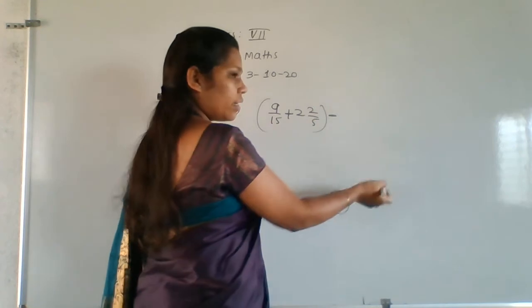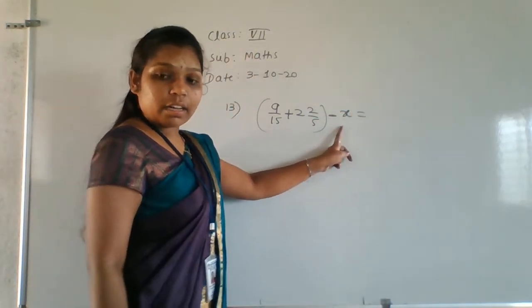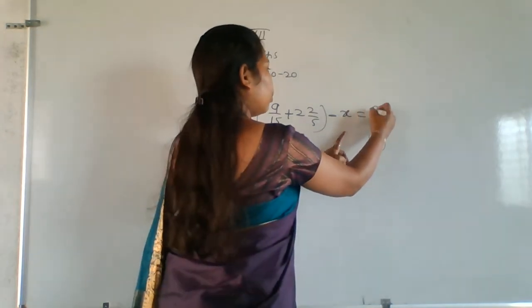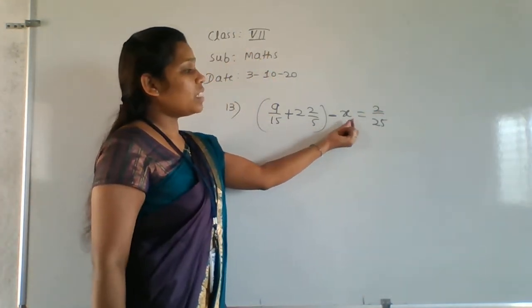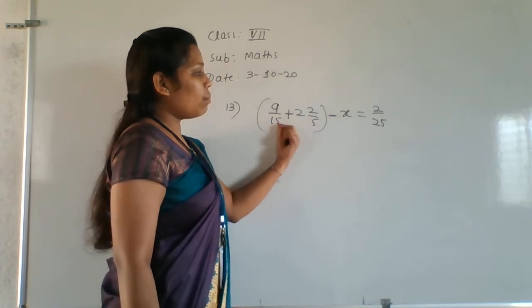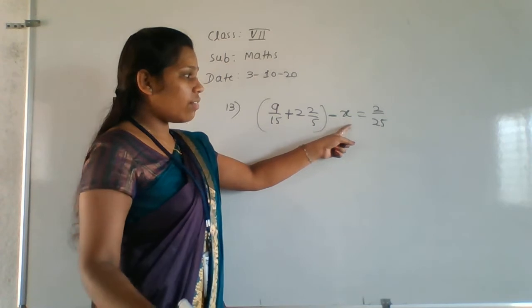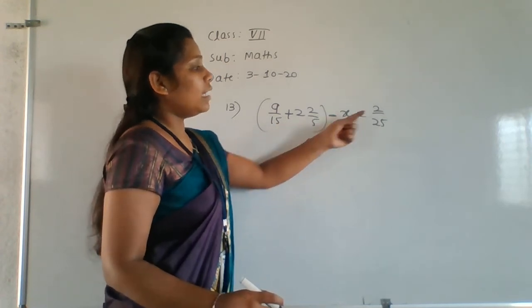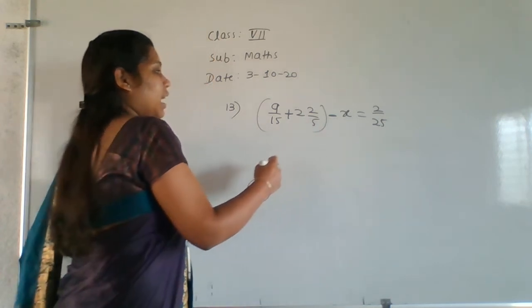What should be subtracted? We don't know that value, that's why I am taking x here, to get how much value? 2 by 25 we want. We don't know what should be subtracted from this number to get the answer 2 by 25. We have to subtract some value from this value, then only we will get 2 by 25. That is the meaning. Okay, so subtract now.